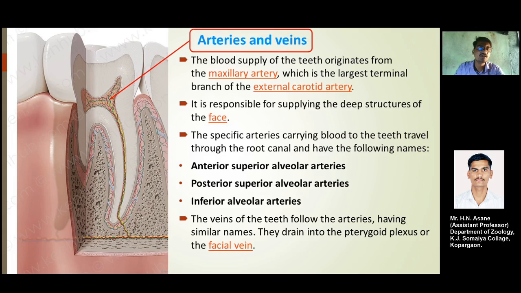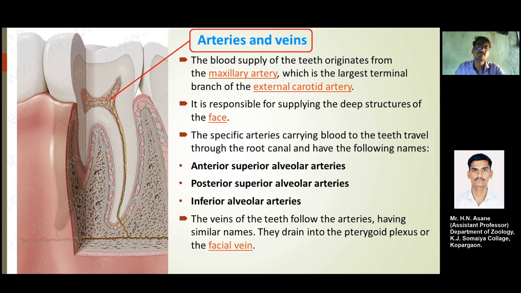The blood supply needed for the tooth originates from the maxillary artery, which is the largest terminal branch of the external carotid artery. It is responsible for supplying the deep structures of the face.